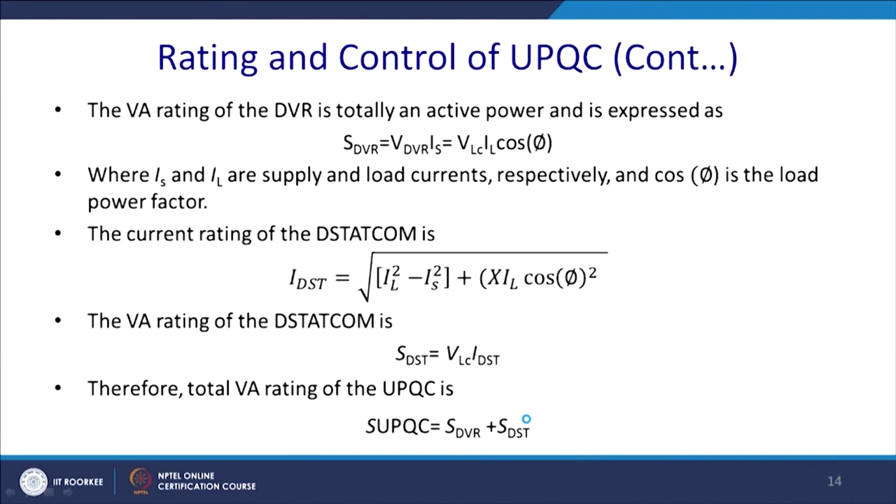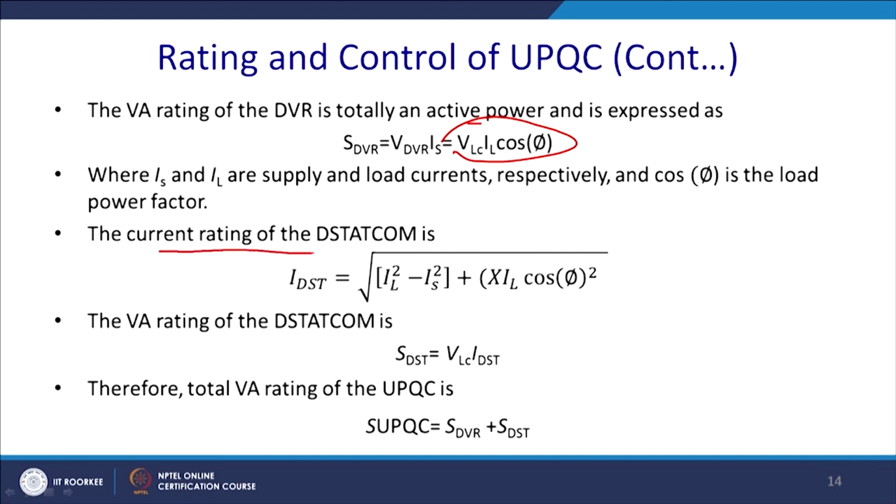The VA rating of the DVR is totally active power and is expressed as S_DVR equal to V_DVR into IS. From there, x VL IL cos phi will come, where IS and IL are the supply and load current respectively, and phi is the load power factor. Here delta will not come.